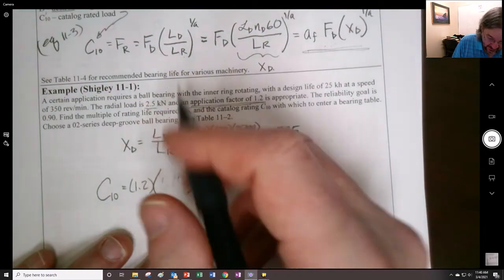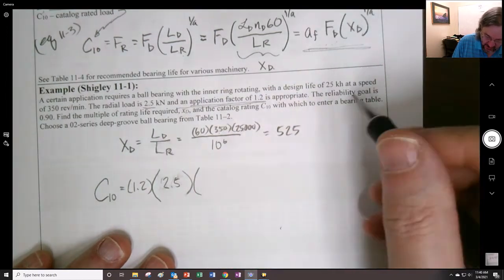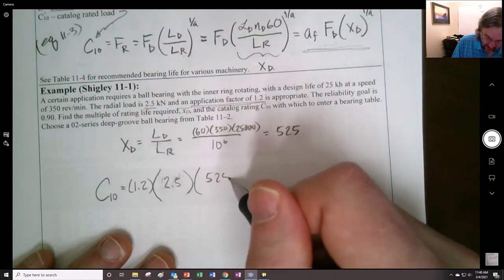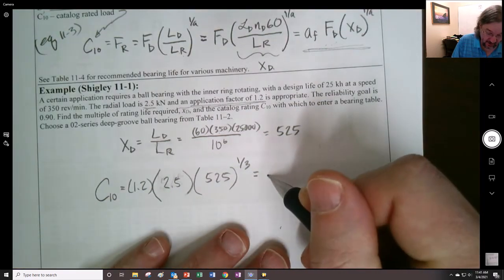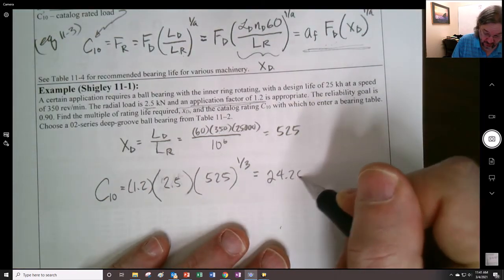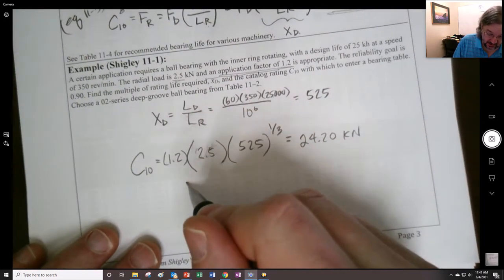The FD is the 2.5, and we're going to get kilonewtons, so that's a good thing. We're going to take our 525 and raise it to the 1/3, and what we find is 24.20 kilonewtons, right? And so now he says, look this up.